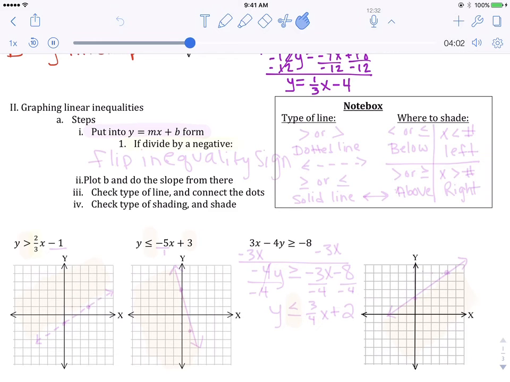So when we are graphing linear inequalities, we are still going to put the equation into y equals mx plus b form. The only difference is that we need to remember, if we divide by a negative, just like when we were solving our other types of inequalities, we are going to flip the inequality sign.